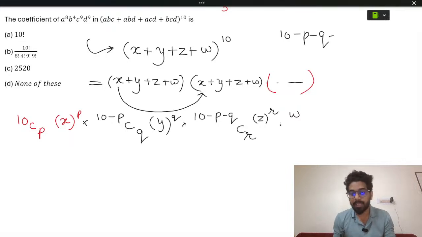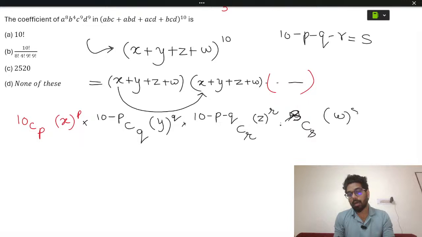So let's say the remaining ones are s. Out of these s, you are all selecting. So what is s? 10 minus p minus q minus r. The remaining ones are s. And now w power s, because all these s factors contribute only w.